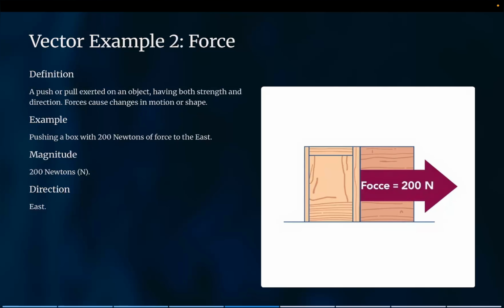The second example is force. A force is a push or a pull. The example is pushing a box with 200 newtons of force to the east. So 200 newtons represents the magnitude, and east represents the direction.